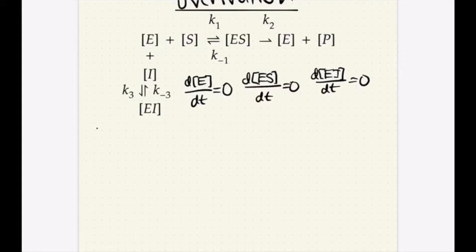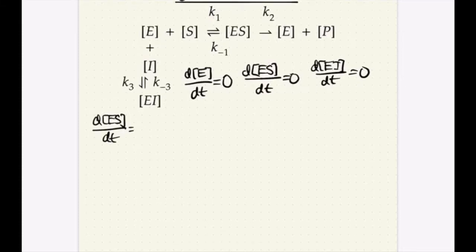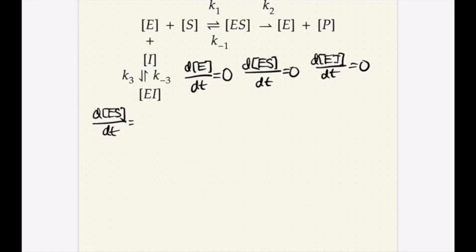So now we are going to be using the law of mass action to firstly derive the changes in enzyme substrate complex concentration over time. We're also going to be doing this for the changes in the enzyme inhibitor complex concentration over time, and finally the changes in product concentration over time.